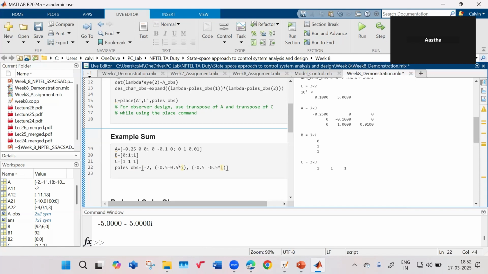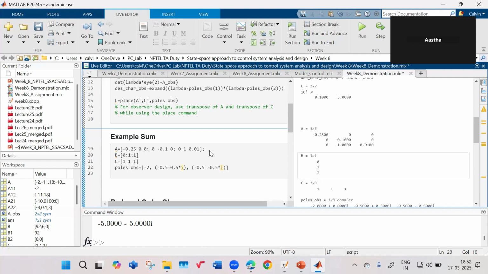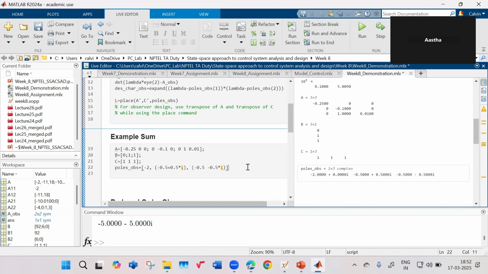Okay, so these are the poles of the observer. So there are three poles, one at -2, another at -0.5 plus 0.5j, and another at -0.5 minus 0.5j. Now we don't need these ABC matrices to be shown. Similarly, this also we have checked.